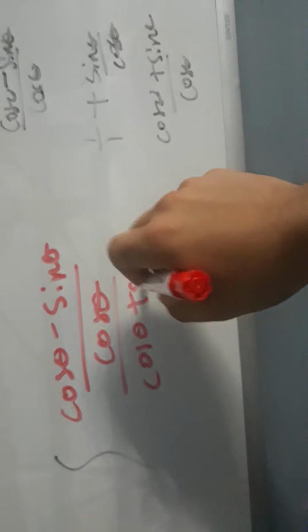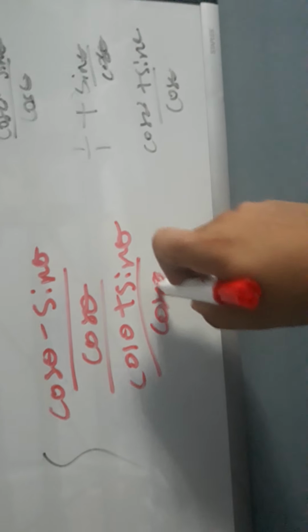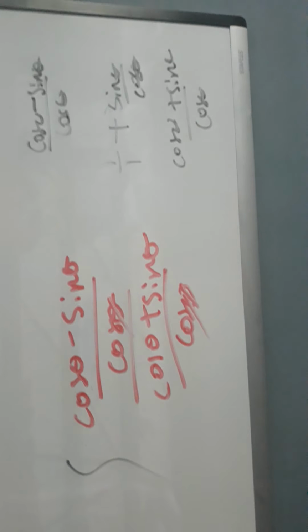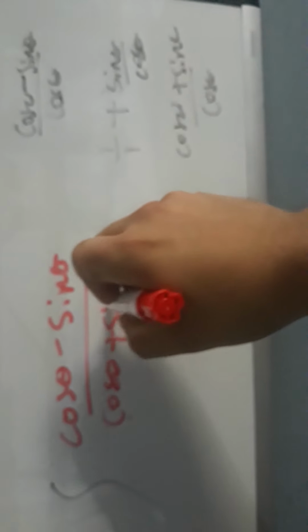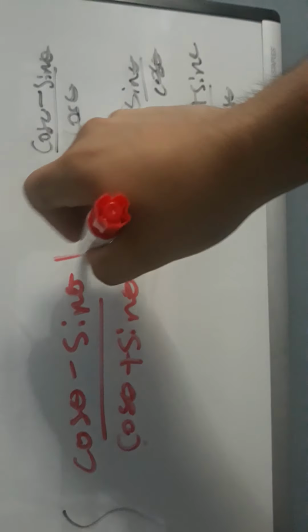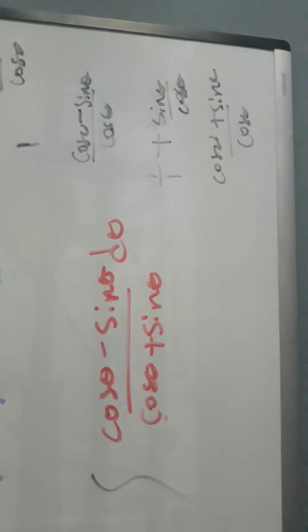Okay, so if I fix everything the way I needed it to, it would be cosine theta minus sine theta all over cosine theta plus sine theta all over cosine theta. The cosine thetas single out, and then again I am now left with cosine theta plus sine theta, and then always you need to have your d thetas.